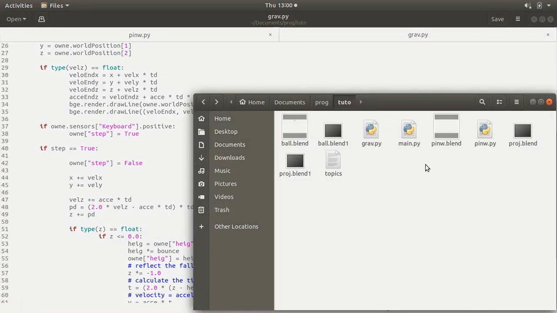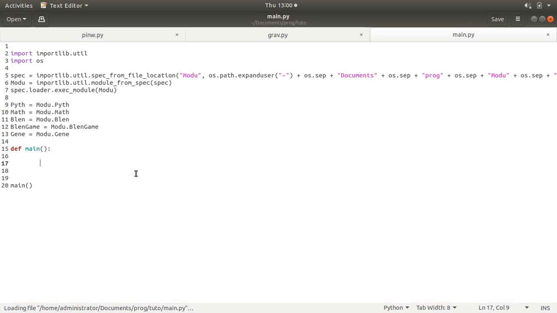I'm going to open up a new script, and I'm going to get two new random vectors. So I'm going to import random, and I'll seed random, x equals random dot random.